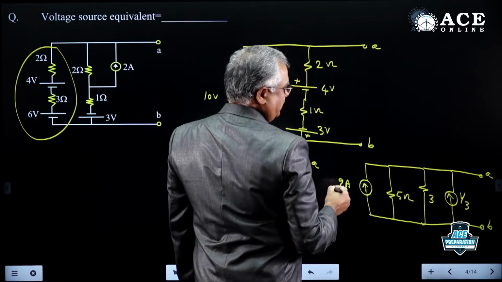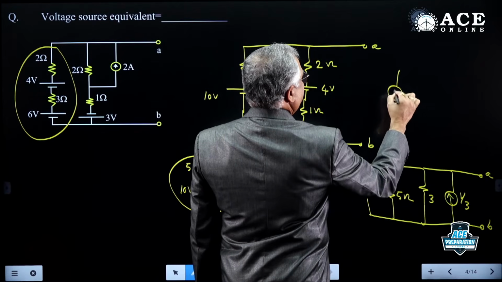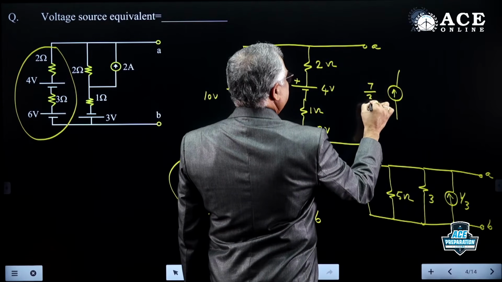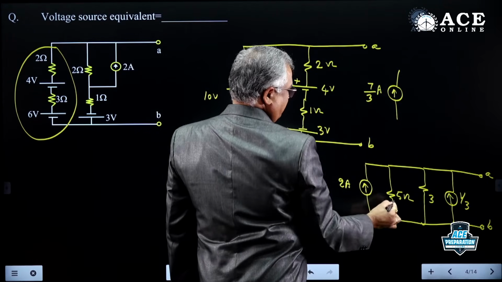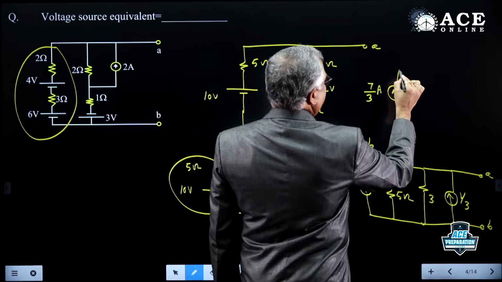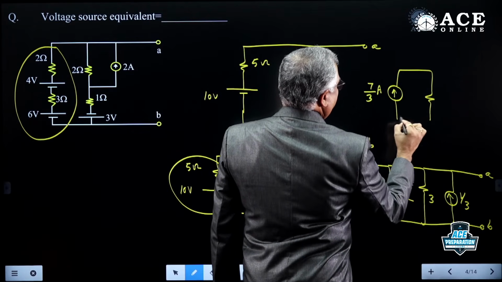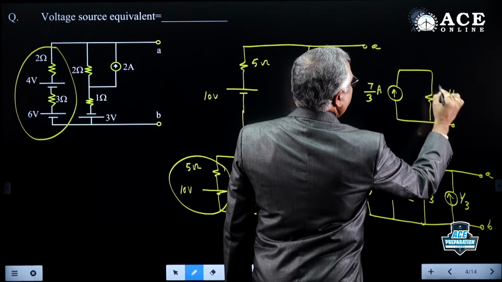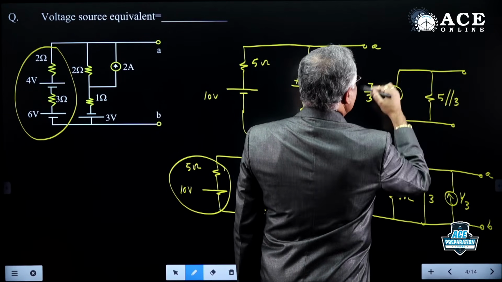That is 6 plus 1, 7 by 3 amps, with 5 and 3 in parallel. So this is the current source equivalent.